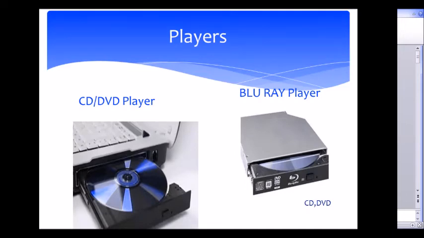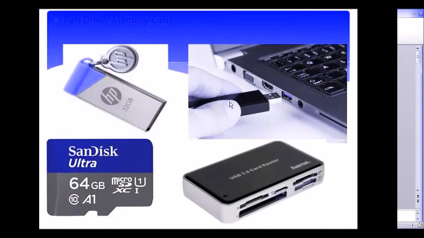We cannot play Blu-ray disc in a CD player. Remember this, we cannot play Blu-ray disc in a CD player. This Blu-ray player is different. But in this Blu-ray player we can also play CD and DVD. Okay, so this is one more difference between the CD, DVD and Blu-ray disc. Fine. Now we'll talk about pen drive.